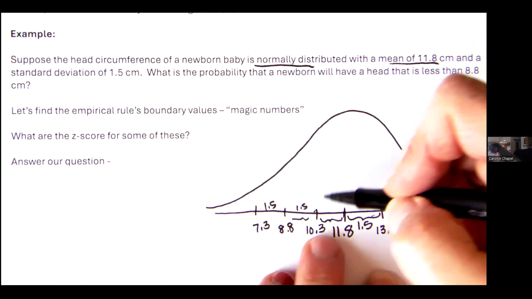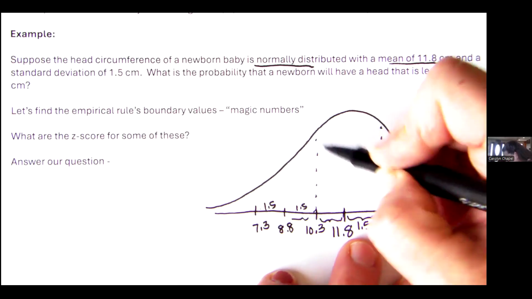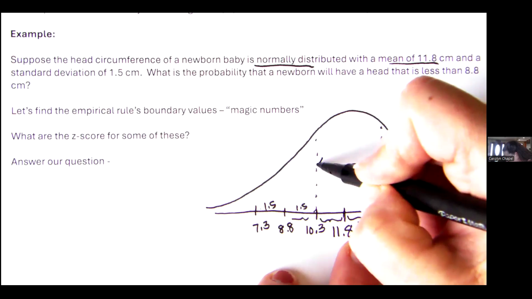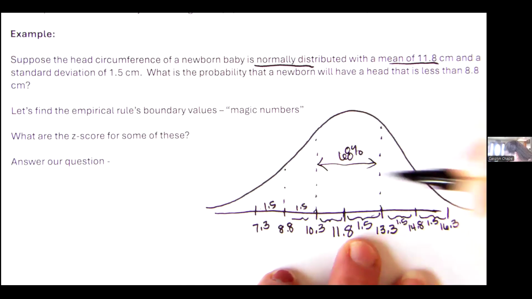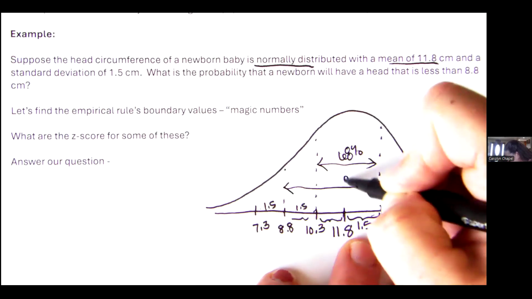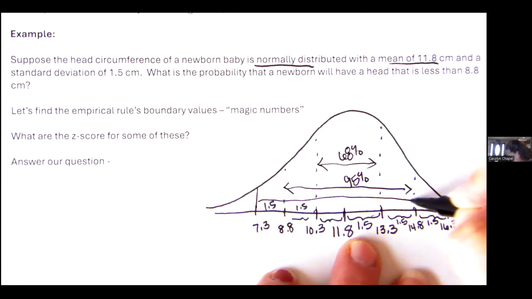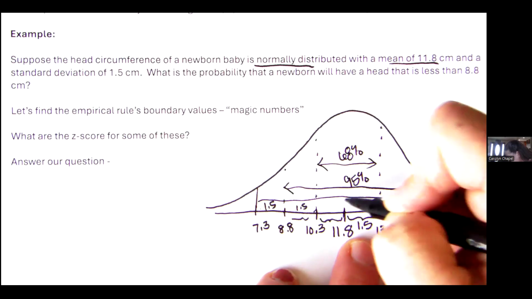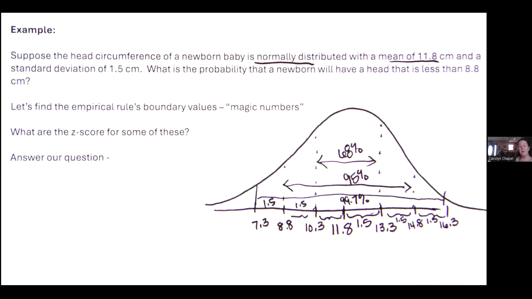Okay, so if I put these little boundaries up here, here's that 68%, my 95%, and my 99.7%. Sorry, it's not very symmetric as I drew these, but it's the idea.